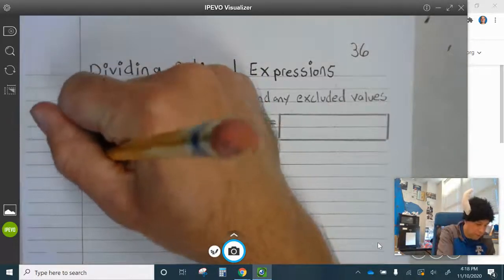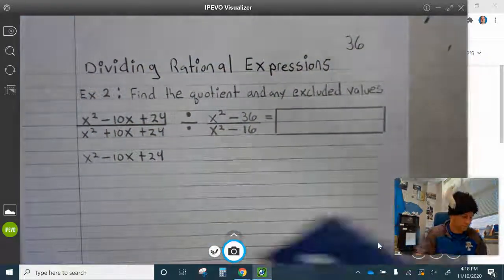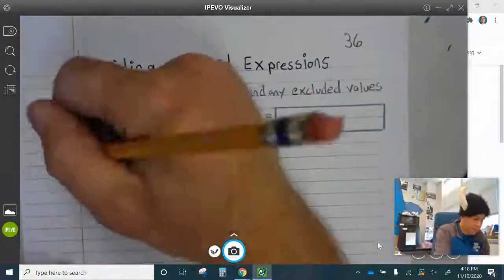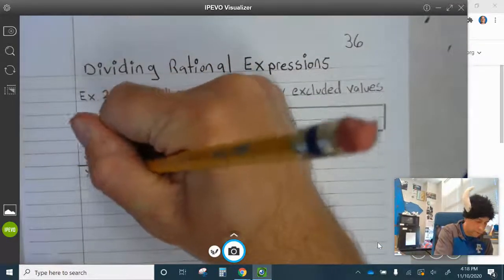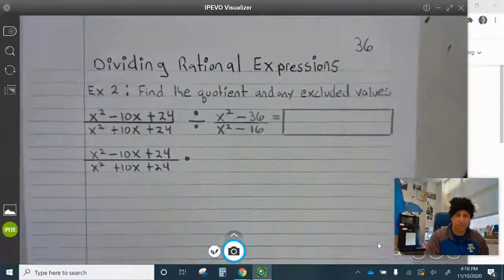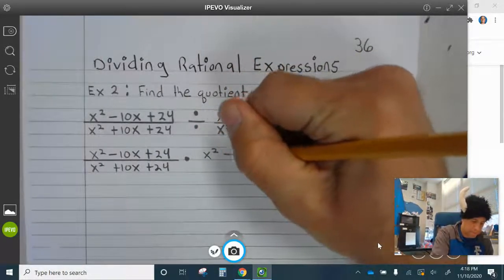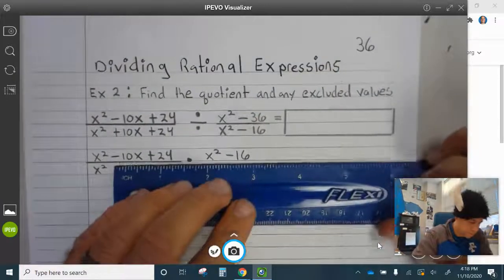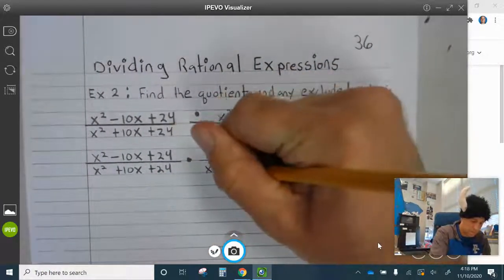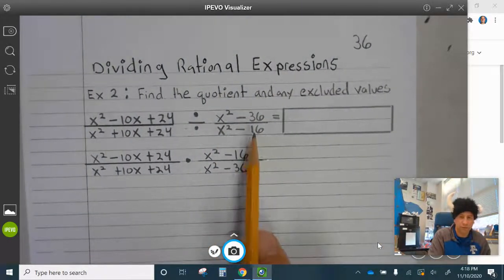So we have x squared minus 10x plus 24 divided by x squared plus 10x plus 24 times, okay, so now we're multiplying by the reciprocal of this.